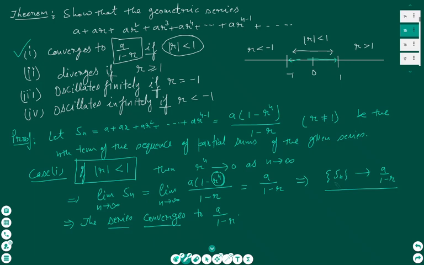A series is convergent if and only if the sequence of partial sums is convergent. So this series converges, and the limit of the sequence of partial sums is called the limit of the series. So the series converges to a over 1 minus r. This was case number 1.